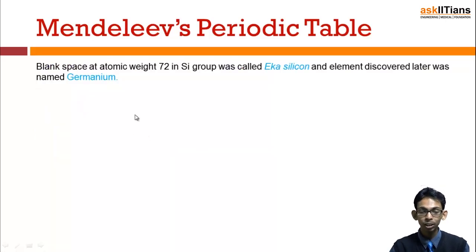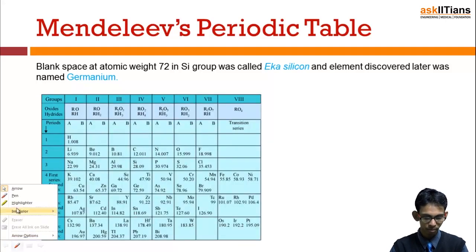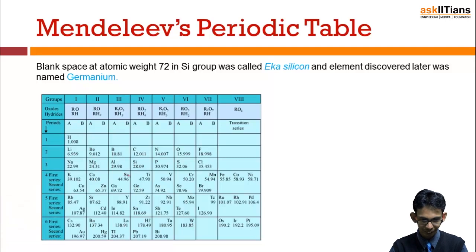Another is a blank space at atomic weight 72 in the silicon group, which was left, and it was called Eka silicon. There was some element which was discovered in future, and it was placed at that point, and the name of the element was germanium. You see here, in the silicon group, where is the silicon group?